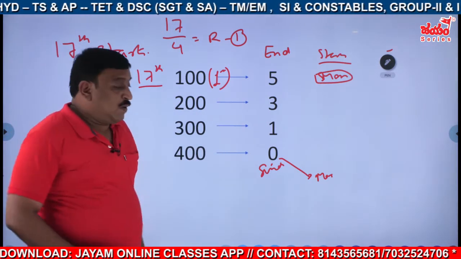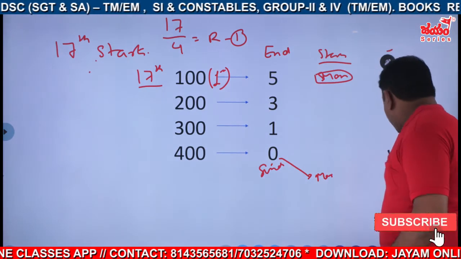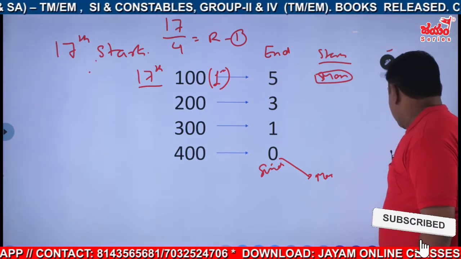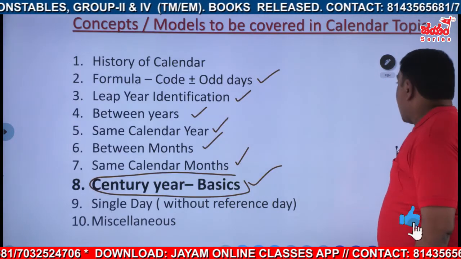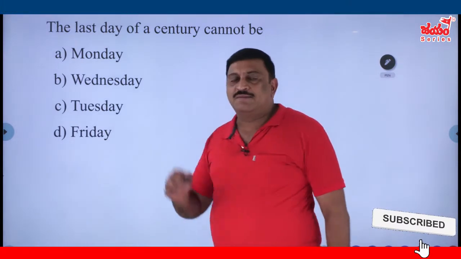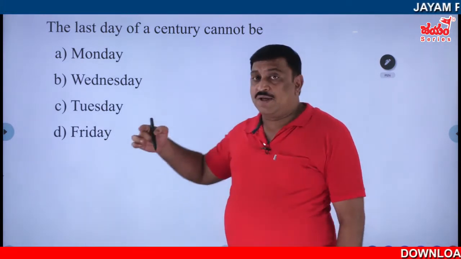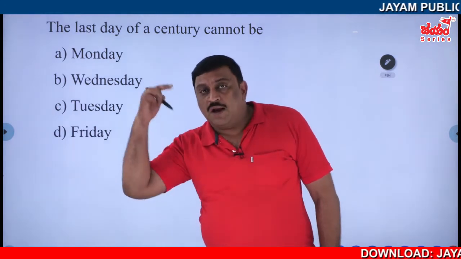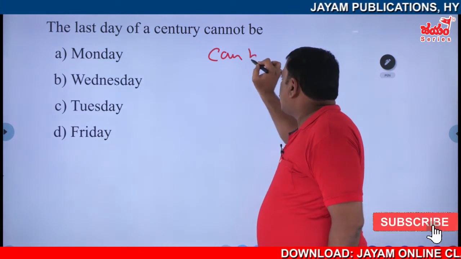Right? Now, the first question we have learned, regarding these centuries, let us see this one. The question: the last day of a century cannot be. First of all, the last day of a century can be 5310. Is it not?